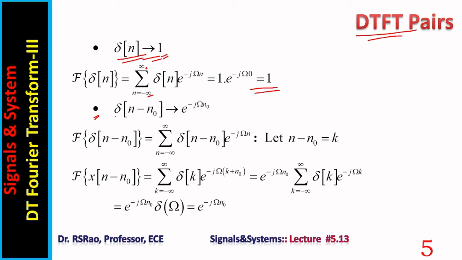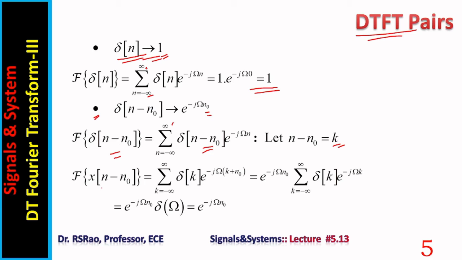Next signal, the shifted delta impulse. DTFT of δ(n − n0) can be seen as equal to e^{-jωn0}. Again using the definition, DTFT of δ(n − n0) is equal to the sum over n from minus infinity to plus infinity of δ(n − n0) multiplied by e^{-jωn}. Now we make the substitution n − n0 by k.